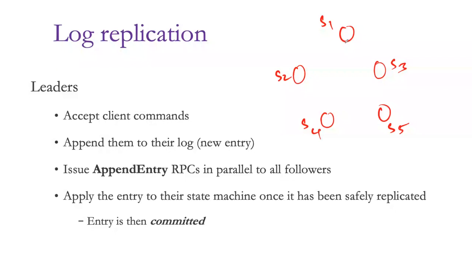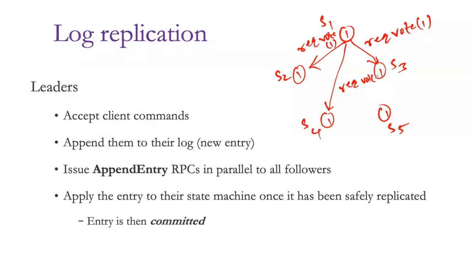If a server sends a request, a request vote with a term number, suppose term 1, broadcast among the other servers in the network, then based on the responses from the servers, server 1 becomes the leader.